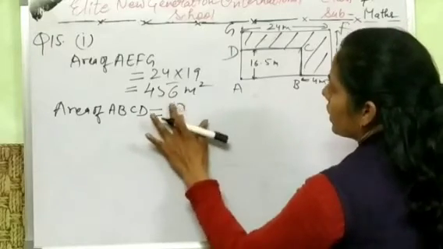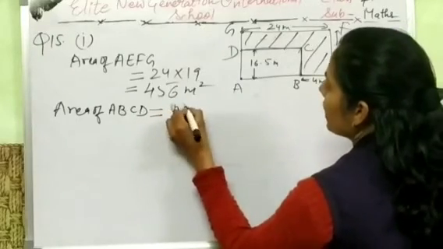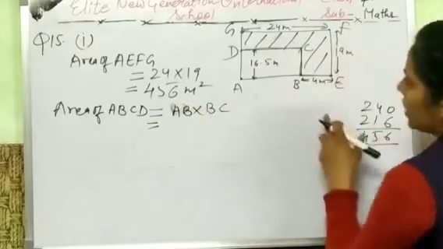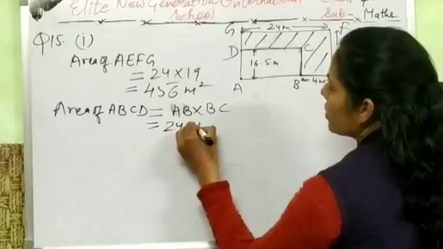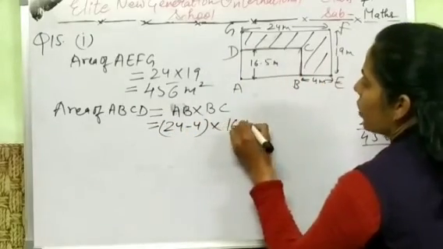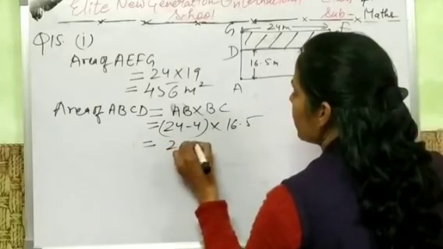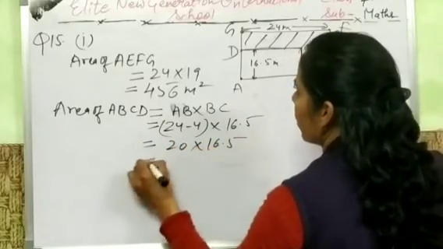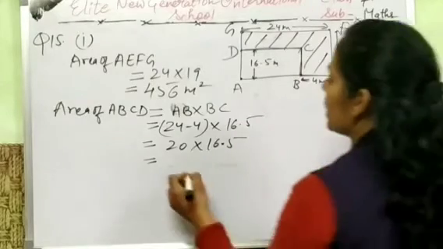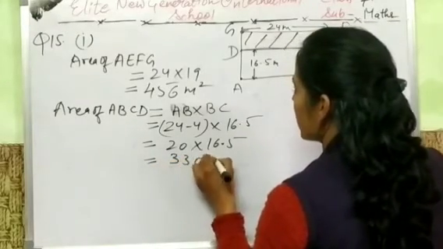So we can also write here length AB and breadth BC. AB is equal to 24 minus 4, and BC is given as 16.5. So here 20 into 16.5. When we multiply it, we'll get 330 meters square.